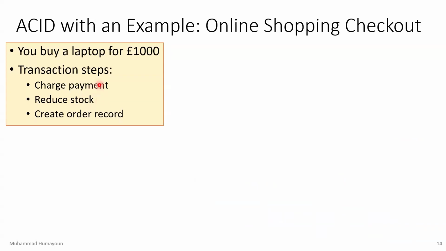Once we buy this, payment should be charged to me. Then in the stock table, that laptop should be reduced. And then we should create a new order record, where we have this laptop with this price, date, and all the other details.